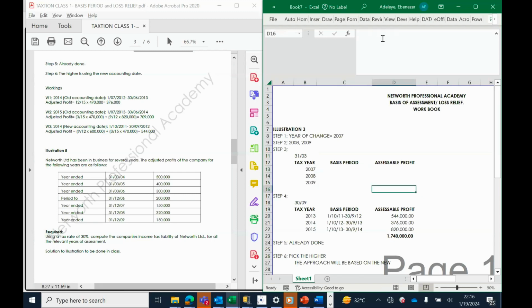So for 2007, what will be the basis period? The basis period will be a day after, that is 1st of April, right? Yes, 2005. So let me just use 05. So 31st March 2006.